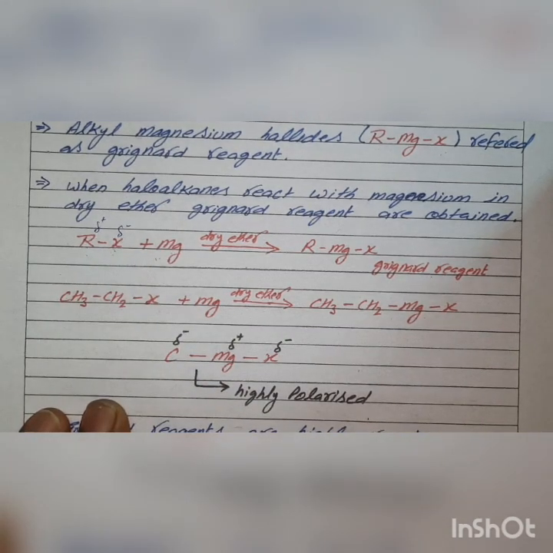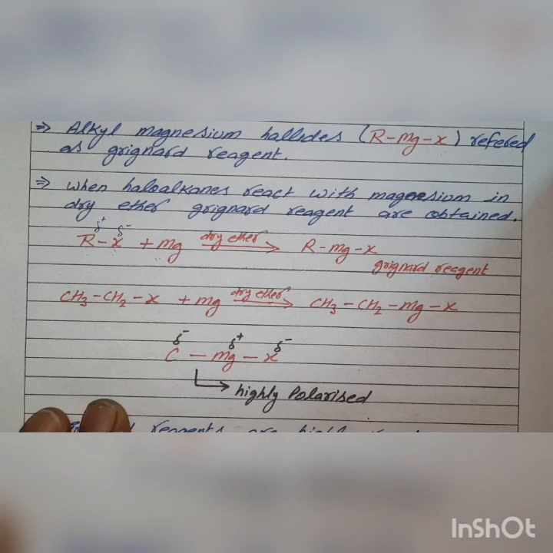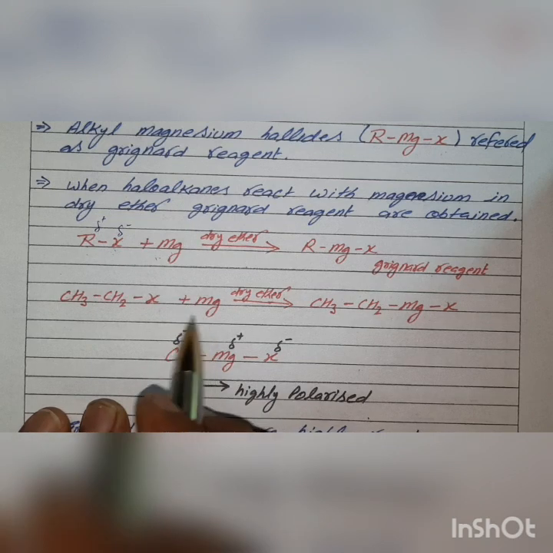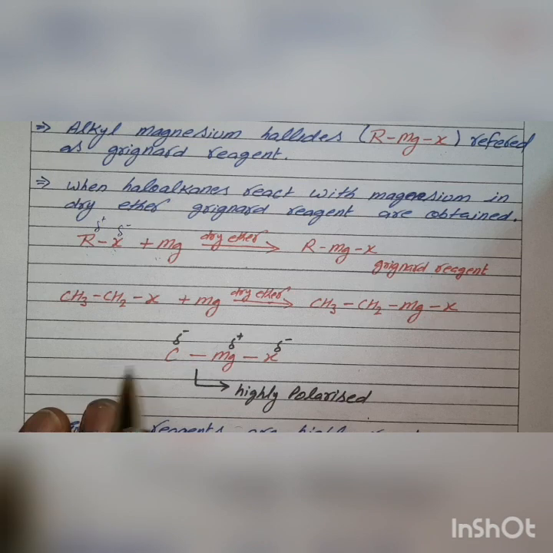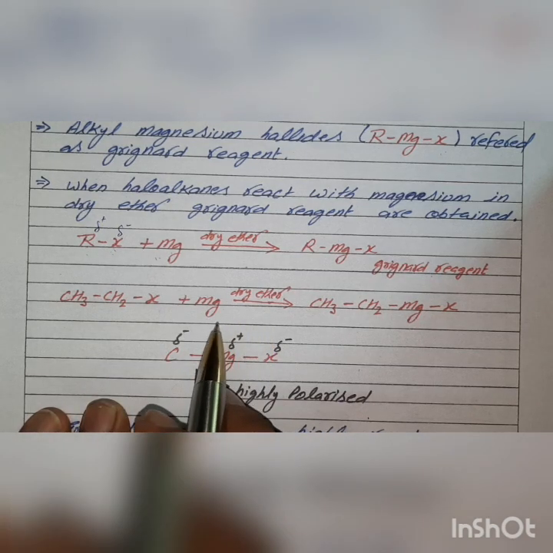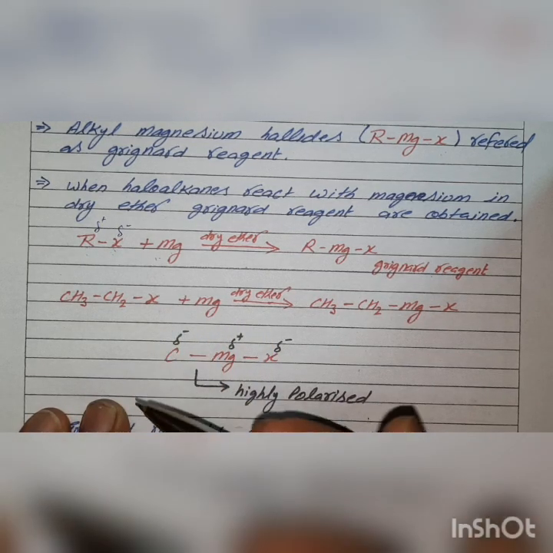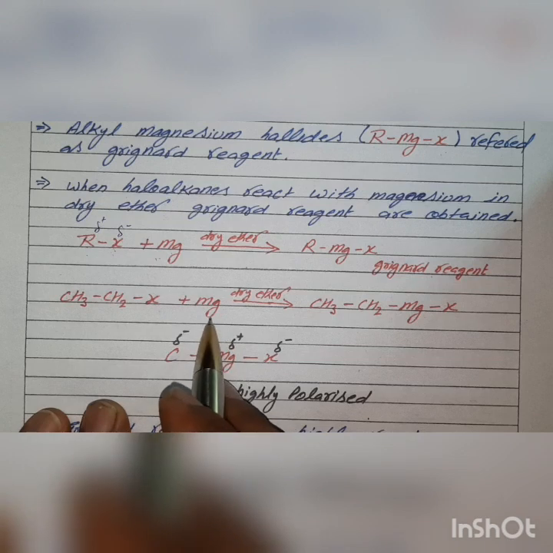When we move left to right in the periodic table, electronegativity increases. Mg is placed on the left side of carbon in the periodic table, so Mg is more electropositive and carbon is more electronegative than Mg.